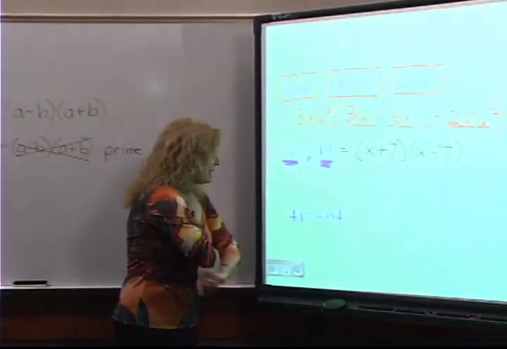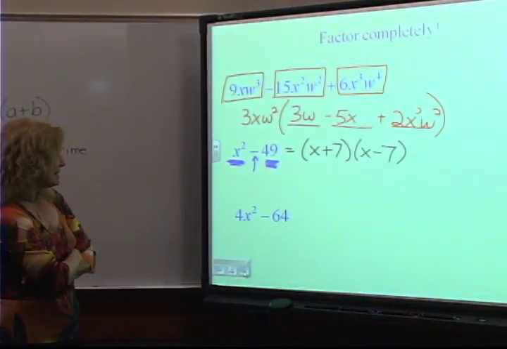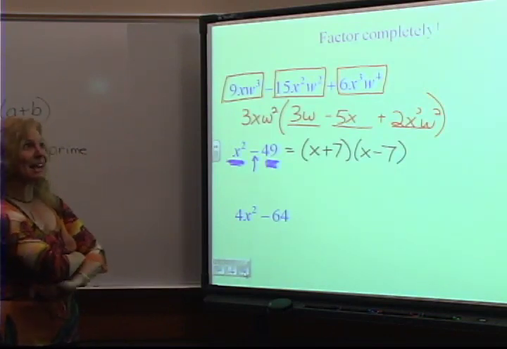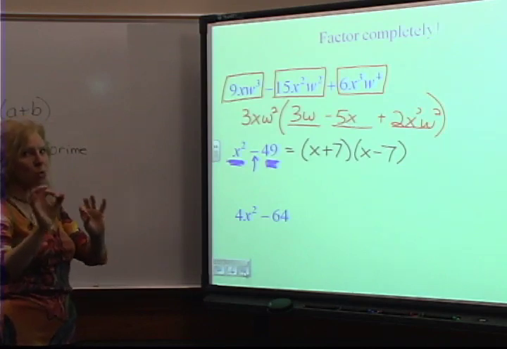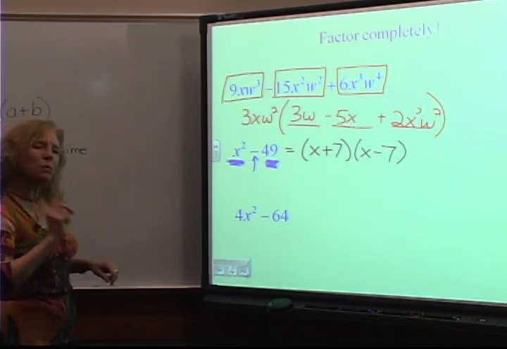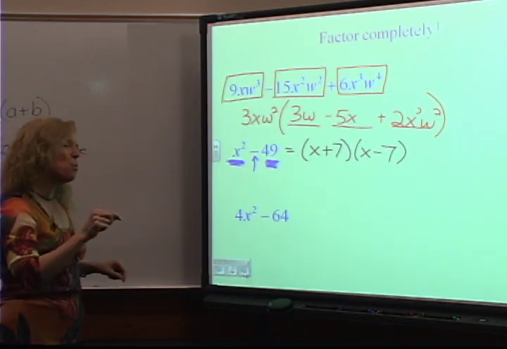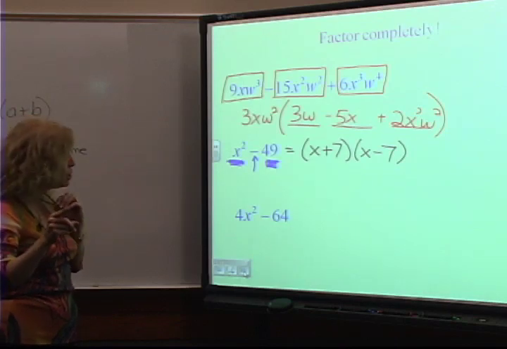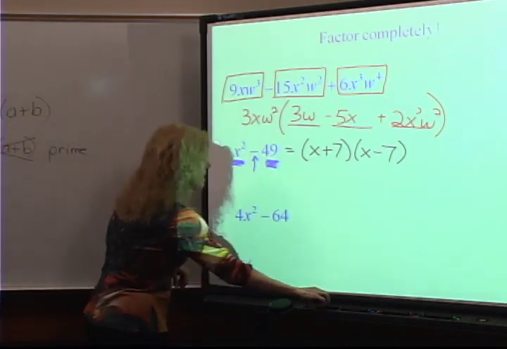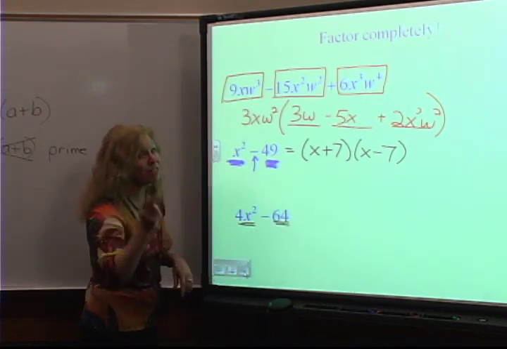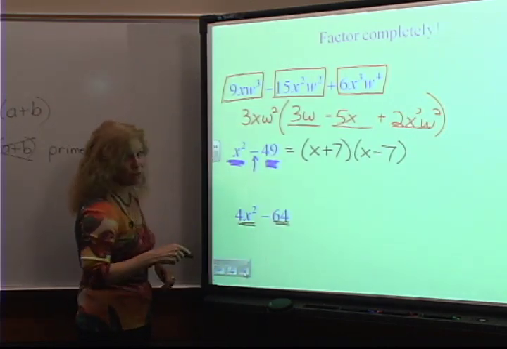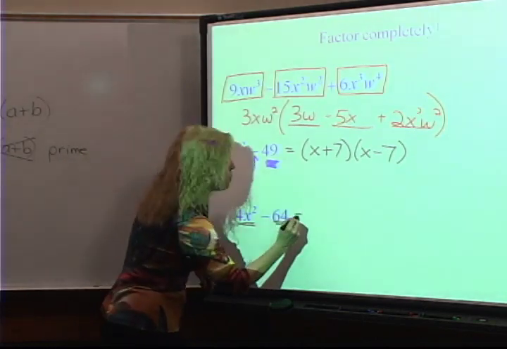Okay, now we've got 4x squared minus 64. And you look at that and say, oh, I see, that's a difference of squares. Oh, but hold your horses. You always look first for a greatest common factor. Now with a 4x squared and a 64, there is something that'll go into both of those guys, and that's a 4.